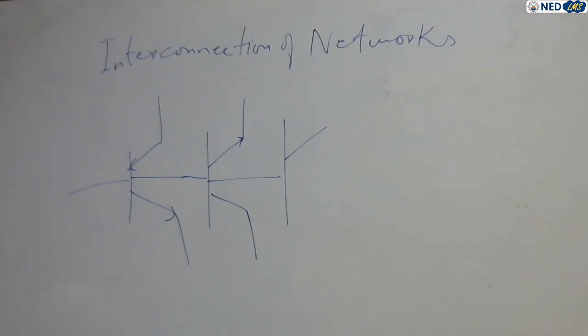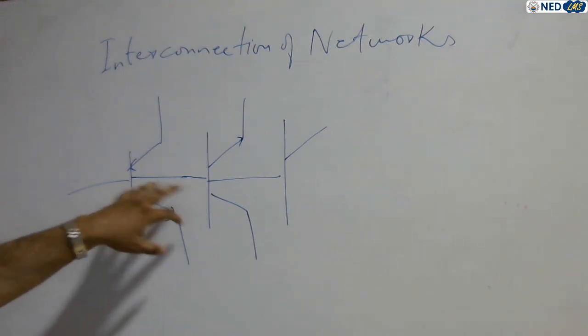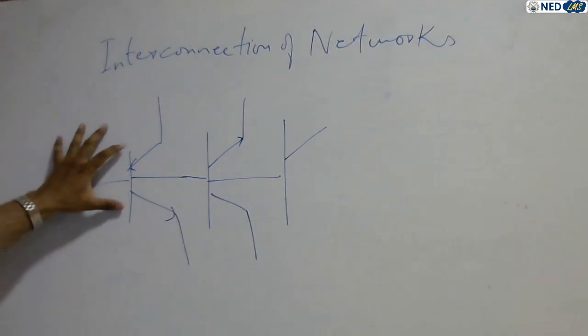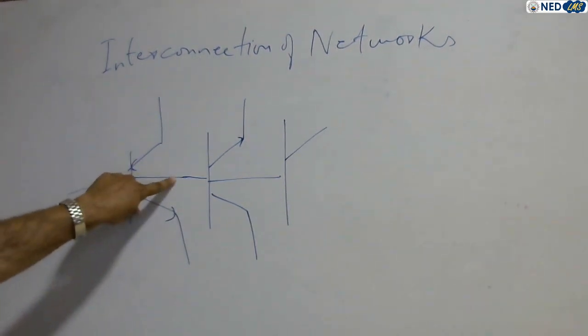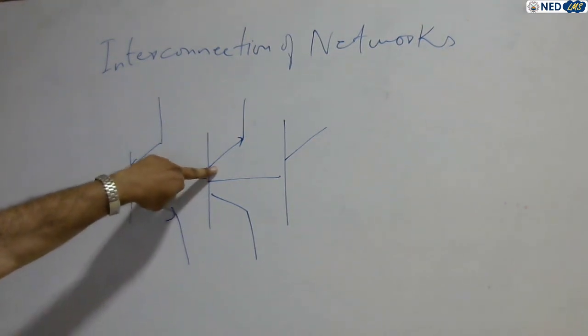The last topic of this chapter is interconnection of networks. It means a large complex network may be divided into sub-networks for the process of analysis and design. The sub-networks are modeled as two-port networks interconnected to form the original network. For example, in a cascaded network, the output of one transistor is connected to the input of another transistor.